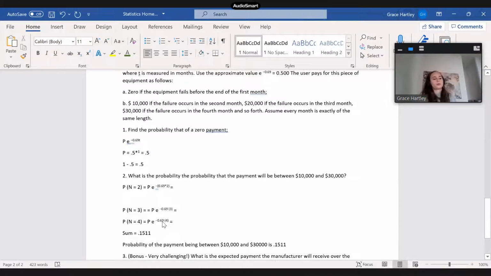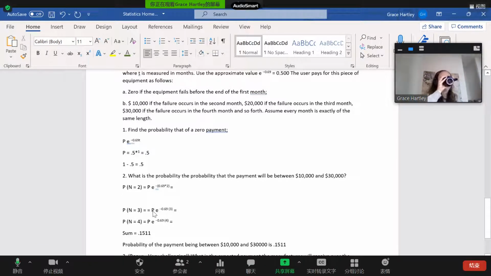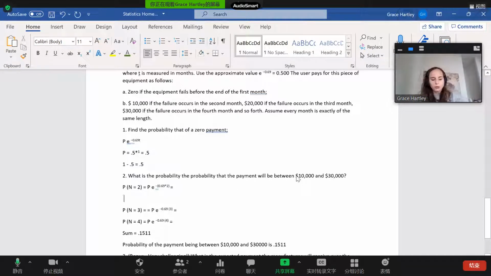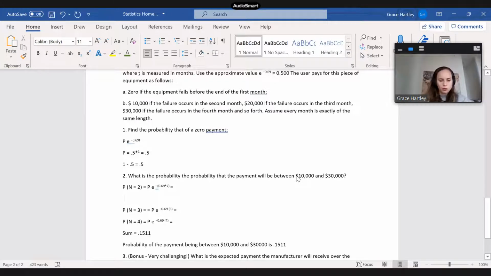So I'm going to use one formula to calculate this, right? If you translate what is between 10,000 to 30,000, it's between the first month to the fourth month, I guess. It starts from t equals 1 and ends at t equals 3 or 4.